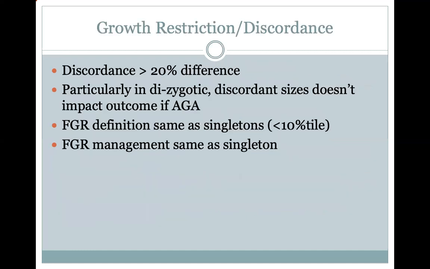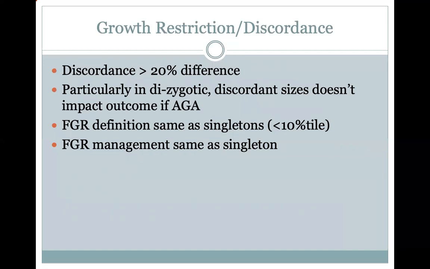So growth restriction and discordance. Discordance is defined as a difference in estimated weights by 20% or more. Particularly in dizygotic twins, discordant sizes really don't impact the outcome, particularly if they're appropriate for gestational age.